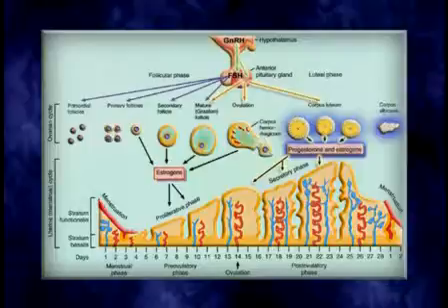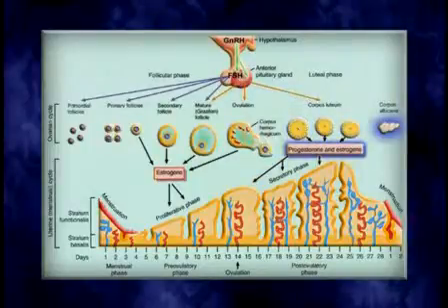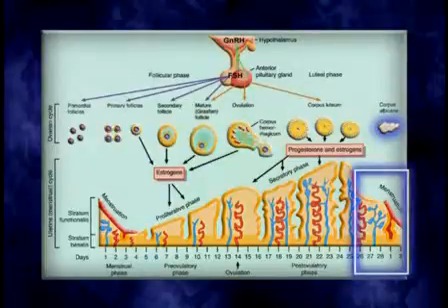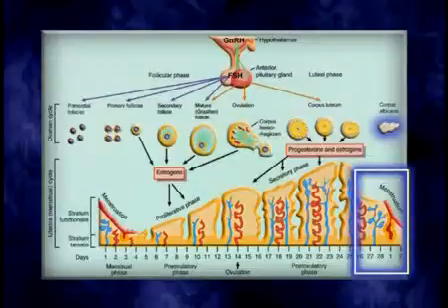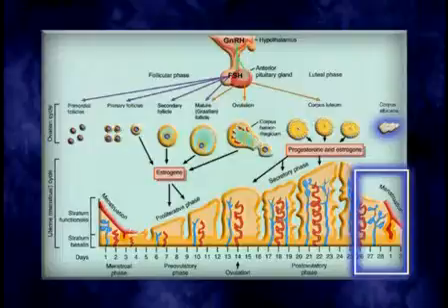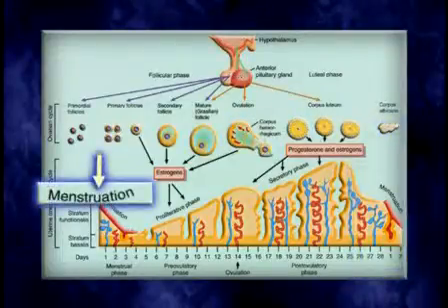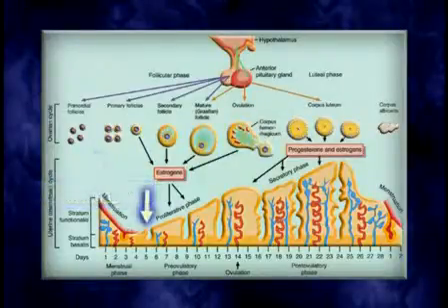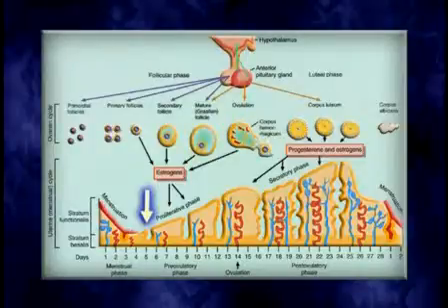And finally, as this deteriorates into a corpus albicans, a white scarred body, it stops putting out these estrogens, and that withdrawal of estrogen starts to shrivel up the blood supply. And we get degeneration of the endometrium, which finally literally sloughs away from lack of blood supply, and part of the menstrual bleeding is blood, and part of it is cellular material and debris, which gets us back to the very thin endometrial lining, and the cycle begins again.